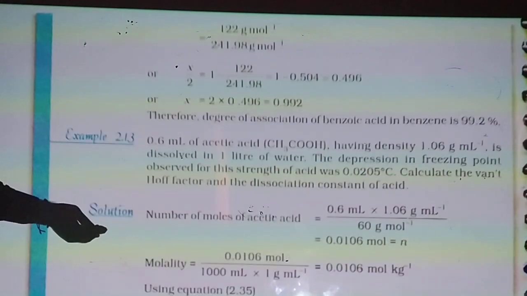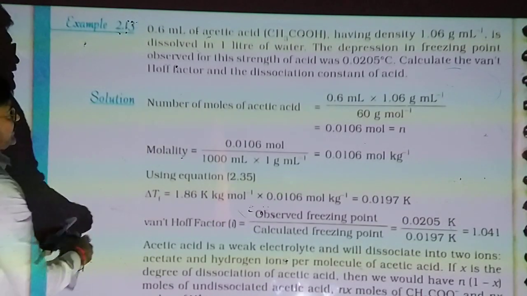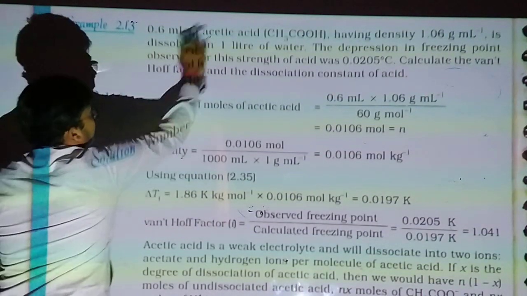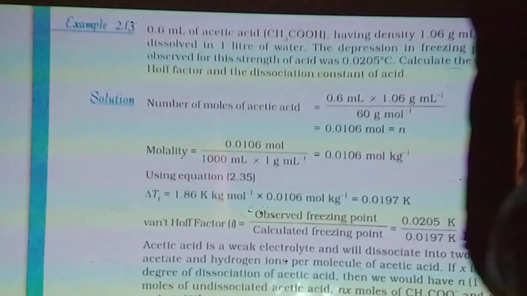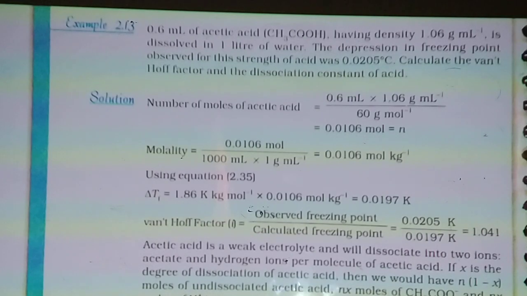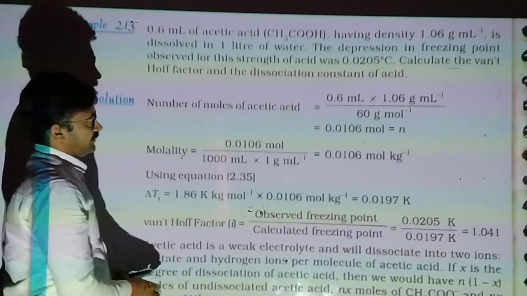2.13, 0.6 milliliter of acetic acid. 0.60 milliliter of acetic acid having density 1.06 gram per milliliter is dissolved in 1 liter of water.